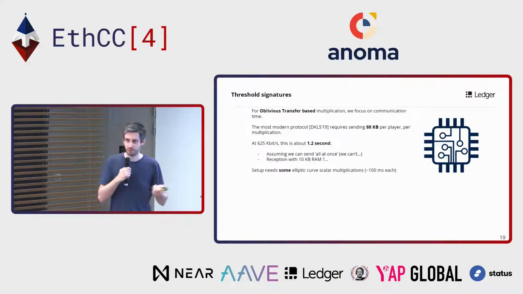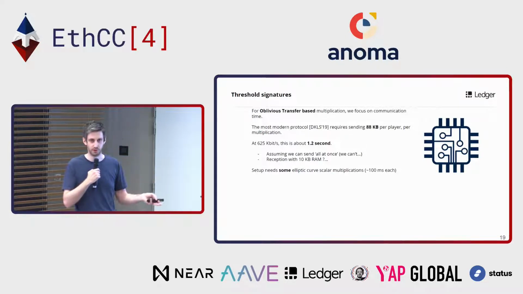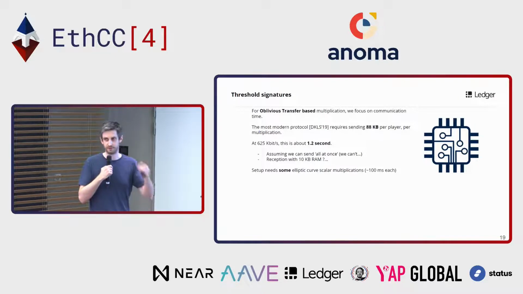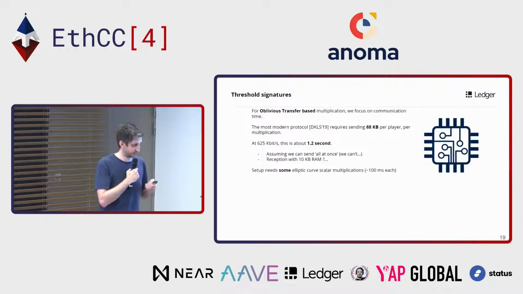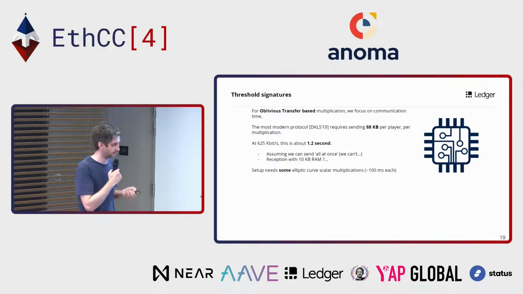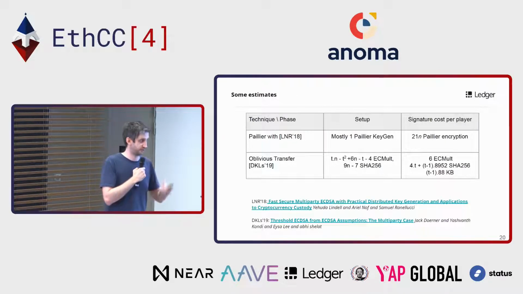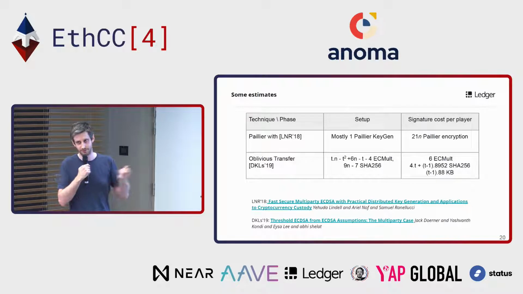Also, how do you handle receiving 80 kilobytes? It's not all at once, right? So 1.2 seconds is, again, a lower bound estimate. And for the setup time, it's just a few elliptic curve scalar multiplications, so it's not much. So just to summarize, here are some ugly formulas and nice references.